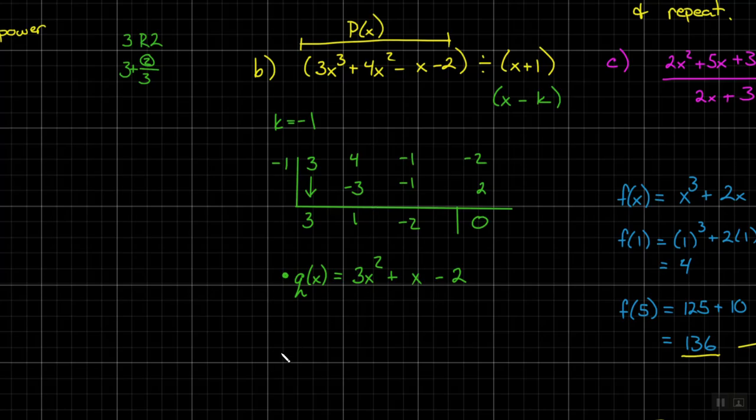If I wanted to write p of x in its factored form, based on all the work that we see here, is x plus 1 a factor? And this is an example we did earlier. Here's me doing the synthetic division with x plus 1. Was it a factor? What was the remainder? So if the remainder is 0, then it's a what? So is x plus 1 a factor?